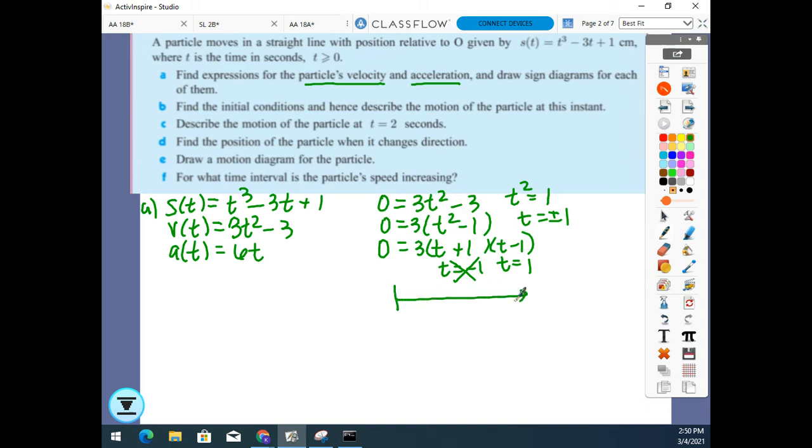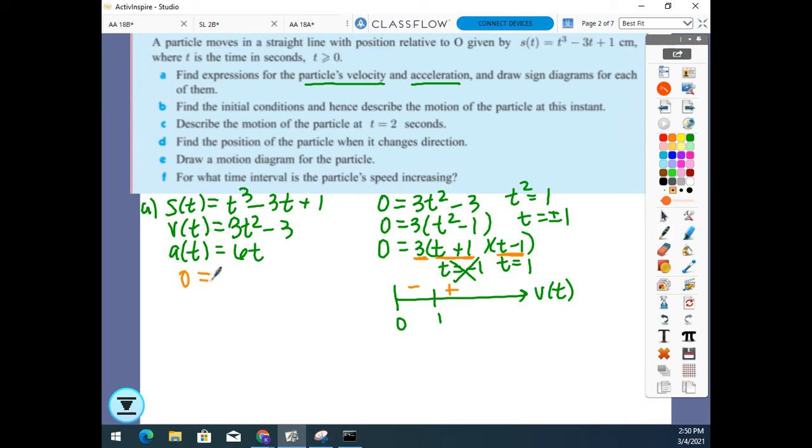So we start with 0, and we only use 1, and we label velocity. If I plug in a half, positive, positive, negative. So my velocity is negative between 0 and 1. And after 1, if I plug in 2, it's positive, positive, positive. So it's positive after 1.